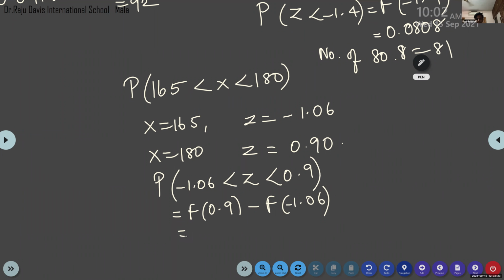Ma'am, for the second value of Z, isn't it 0.93? What is the answer, Aparna? When X is 180, what is the answer you'll get? 180 minus mu. Mu is 173, divided by 7.5. It is 7 by 7.5.